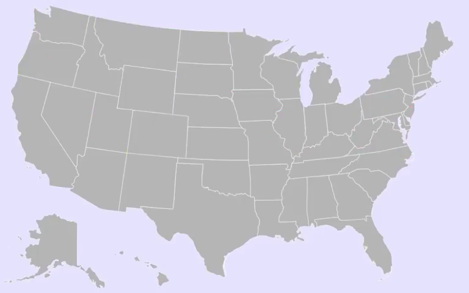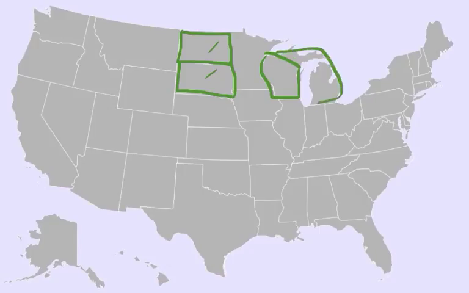So let's go to the next one, which is going to be, let's say we're going to add these 2 states right here. This is North Dakota and South Dakota. So we're going to take those states, and we're going to add, let's say, Wisconsin, and Michigan actually has all this to it.